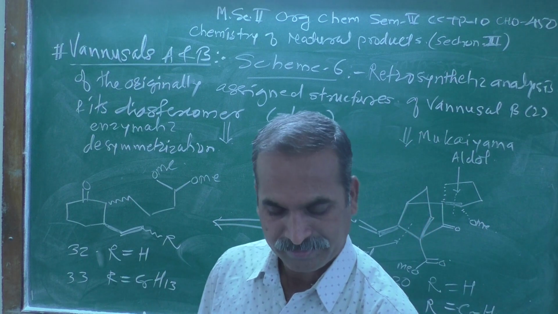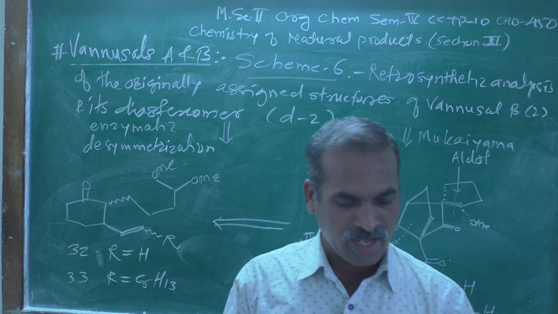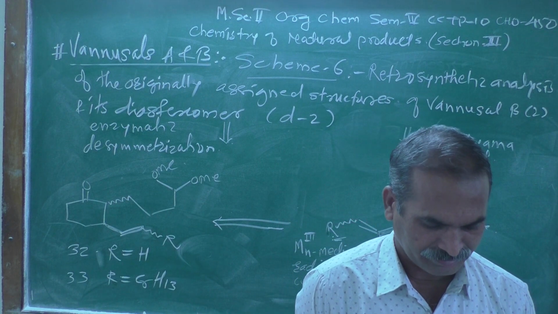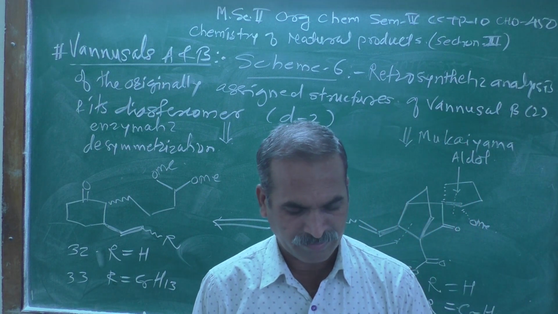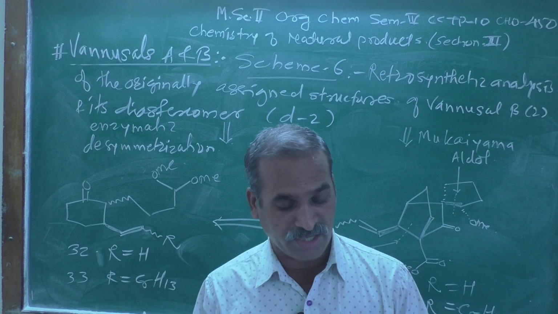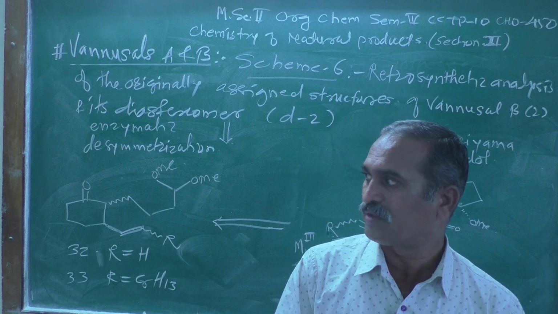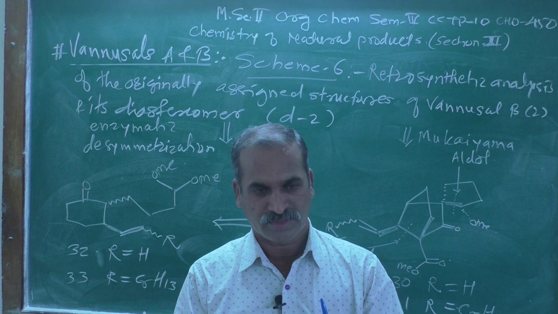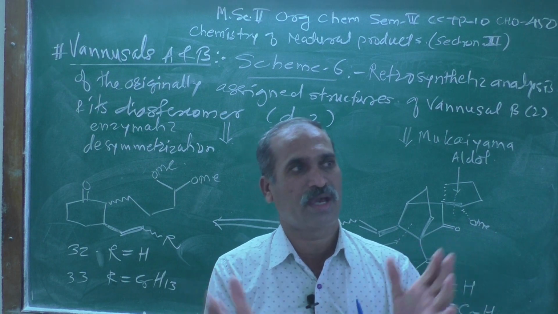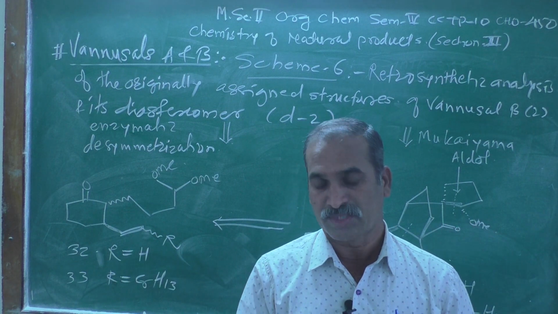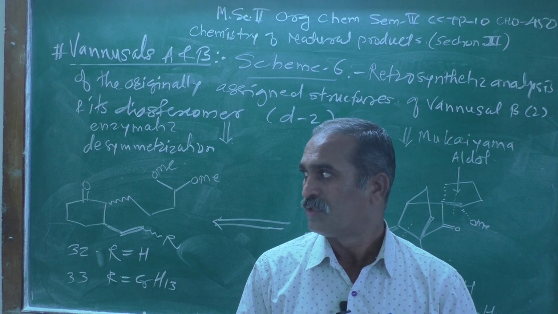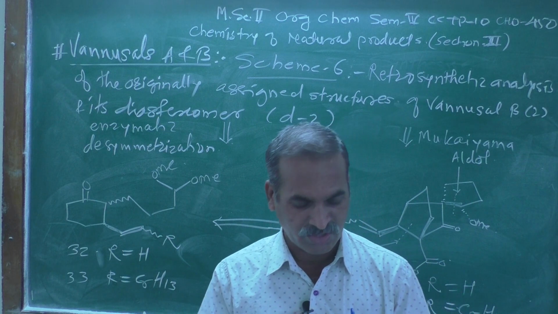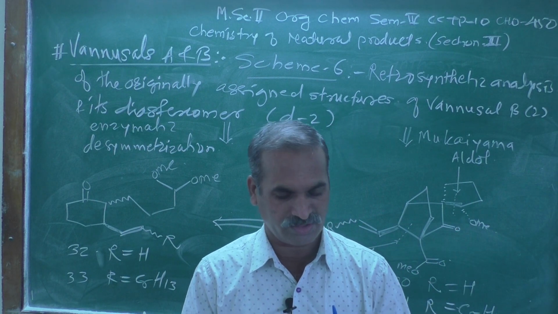On the other hand, further analysis of aldehyde 27 initially through a Claisen rearrangement, which is also known as 3,3 sigmatropic rearrangement. That Claisen rearrangement also we have discussed in detail with its mechanism, taking a few examples which I have already explained in my previous lectures.